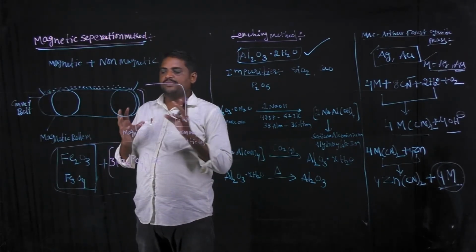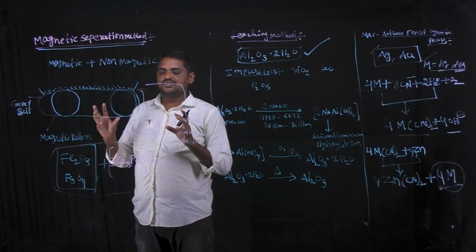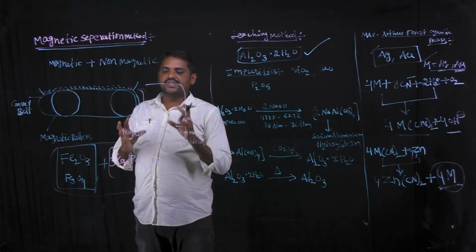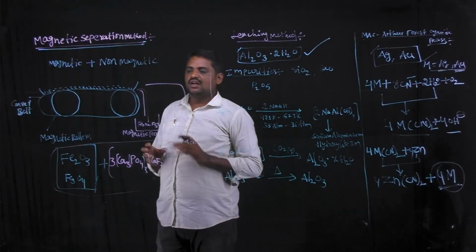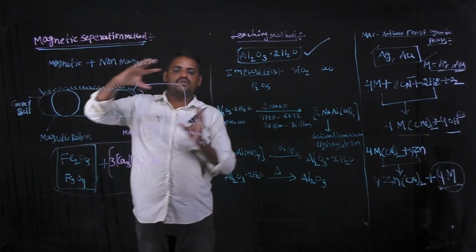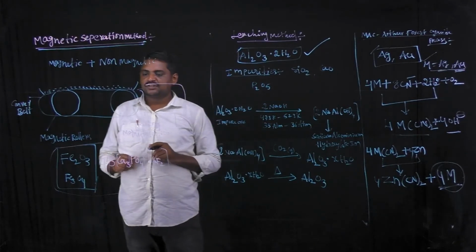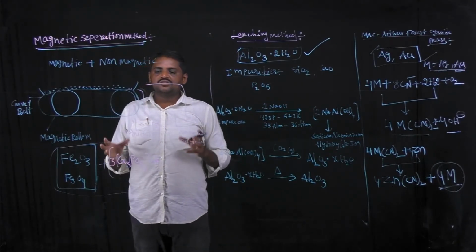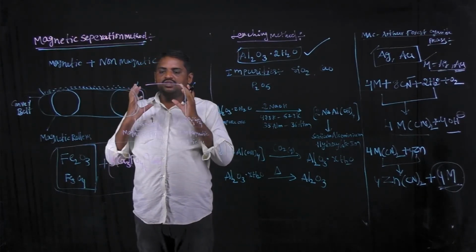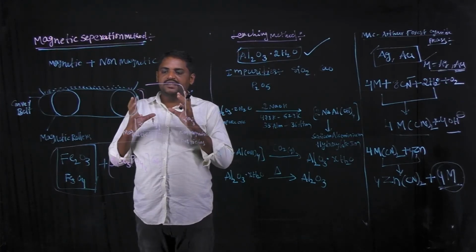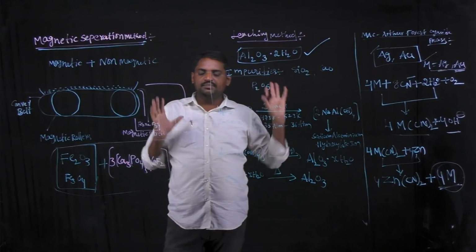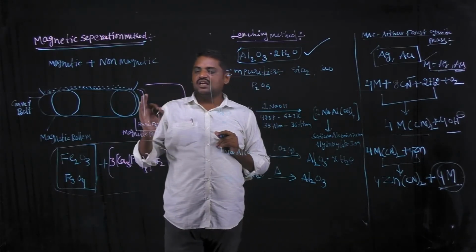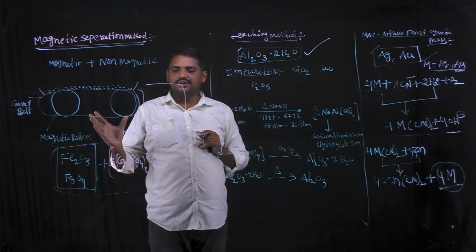These two magnetic rollers move very fast, and the magnetically interacting particles are left behind from the instrument, while the non-magnetic impurities are thrown far away from it. So this method is used to concentrate magnetic ore particles and eliminate non-magnetic particles. This is the main use of the magnetic separation method.